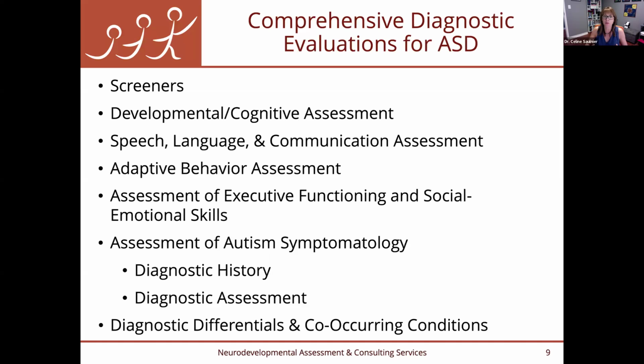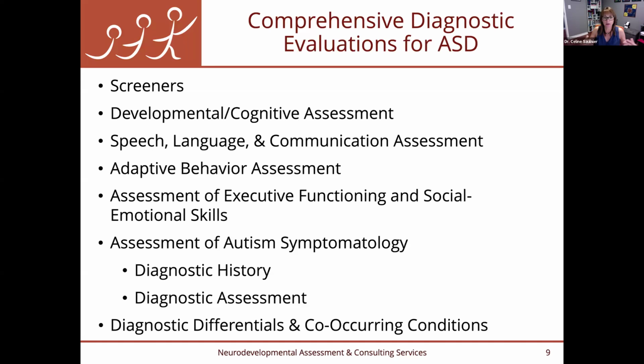And then because we're talking about 35 or so percent of co-occurring intellectual disability, which requires adaptive behavior assessments, we're also doing assessments of adaptive behavior. I'll also discuss the importance of adaptive behavior assessments in addition to just co-occurring ID. It's important for understanding the profile of autism as well.